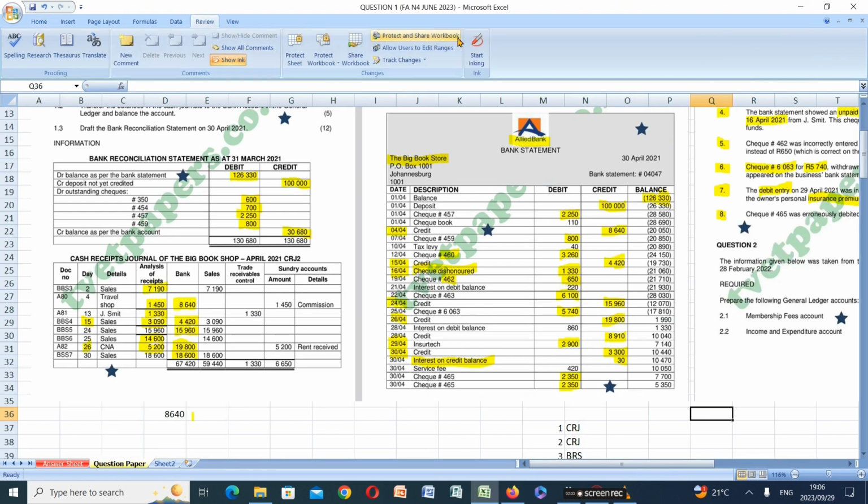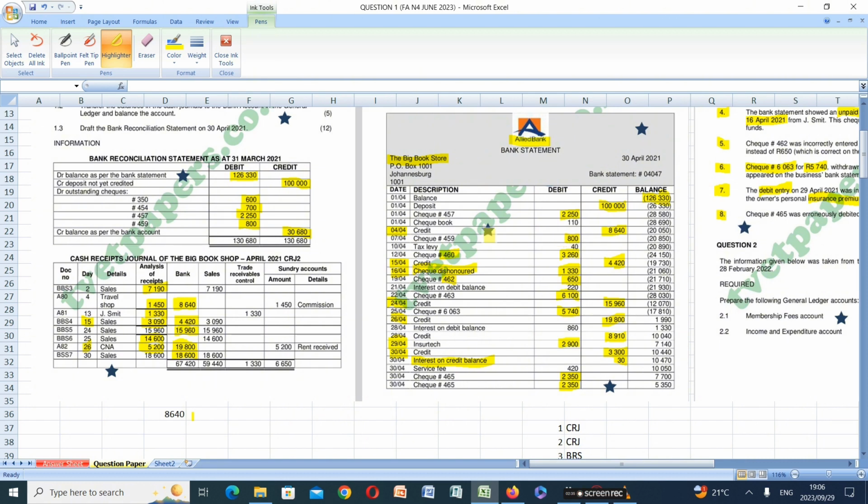Now we're looking at the next amounts. The next amount is the checkbook of 100, and then the tax levy of 40, and then interest on debit balance.